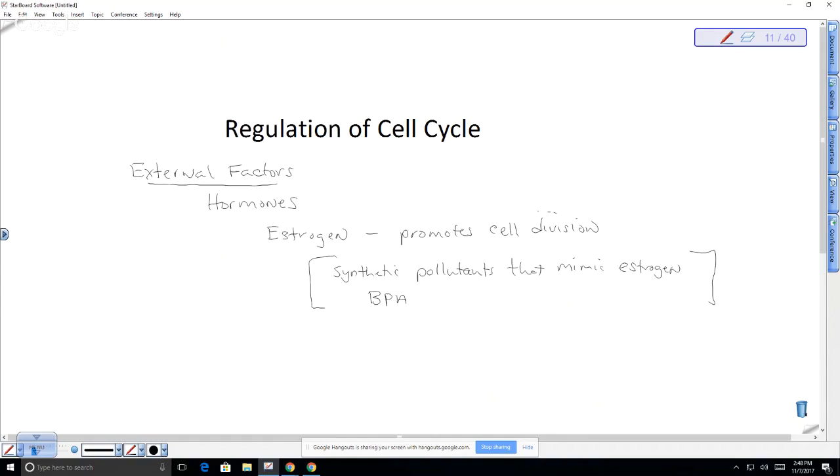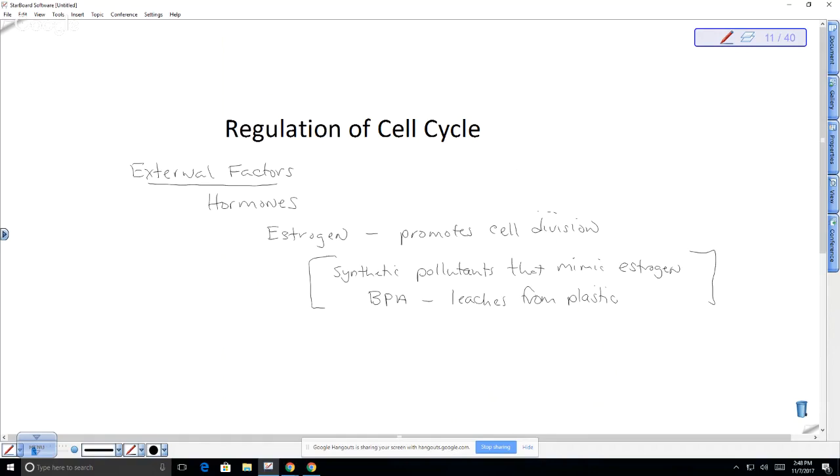Where is BPA? Plastic, right? So this leaches from plastic. The female scientist that discovered this was actually looking at cells in test tubes. And, you know, scientists use plastic a lot.